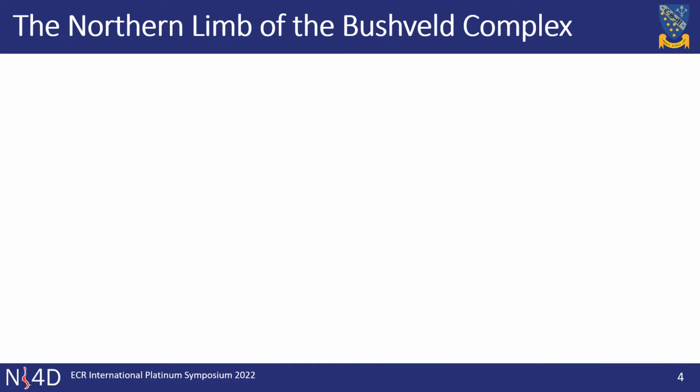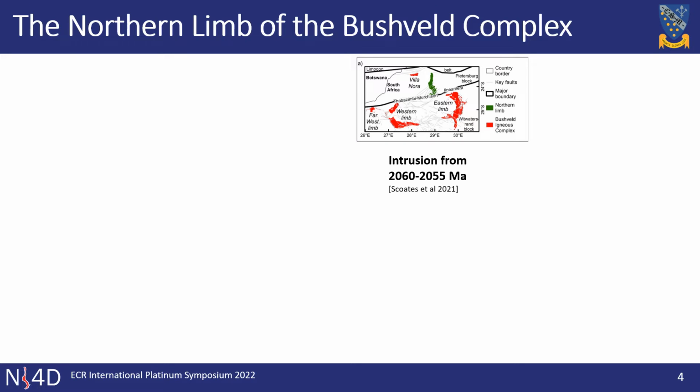So the northern limb of the Bushveld Complex is a segment of a major intrusion that formed from 2060 to 2050 million years ago. Several limbs of this magmatic intrusion of regional scale are now observed across southern Africa.